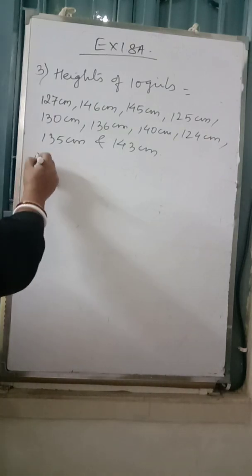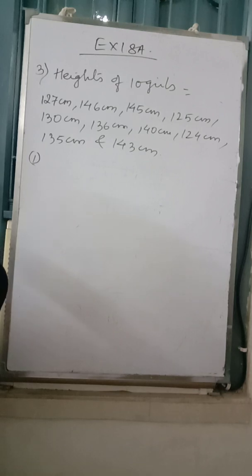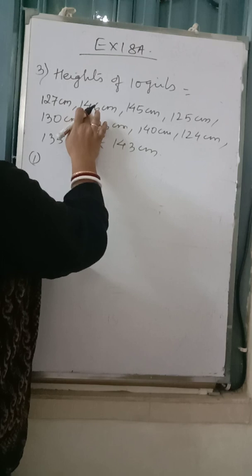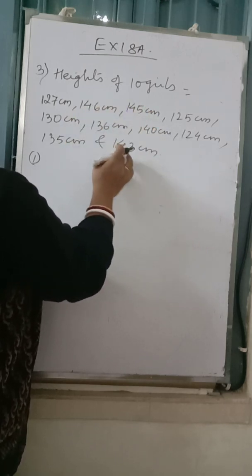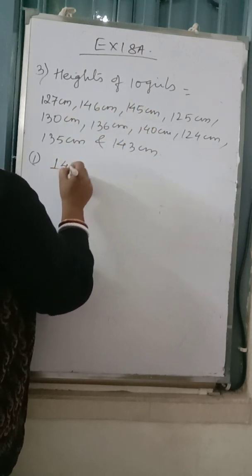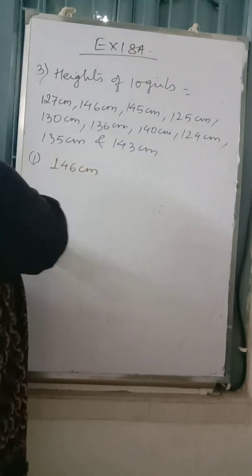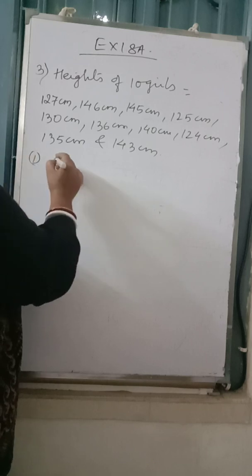Now the first question they have asked: the height of the tallest girl. Now you see the maximum height we have, 146, 145, 140, 143. So 146 centimeter is the height of the tallest girl.